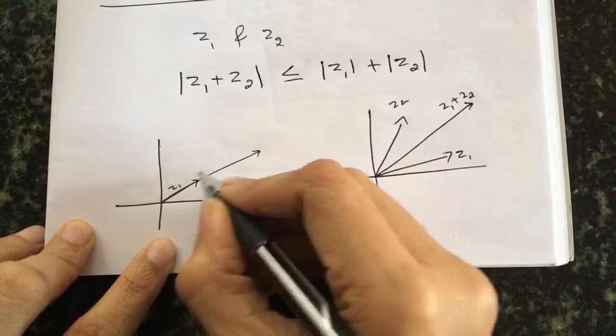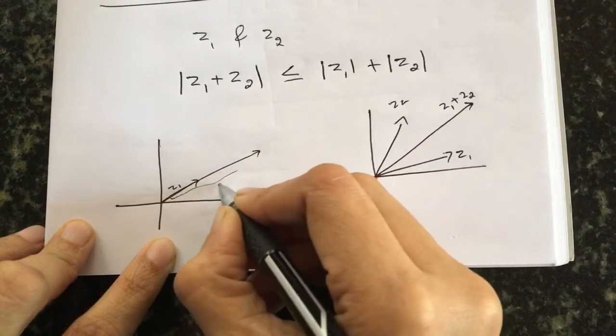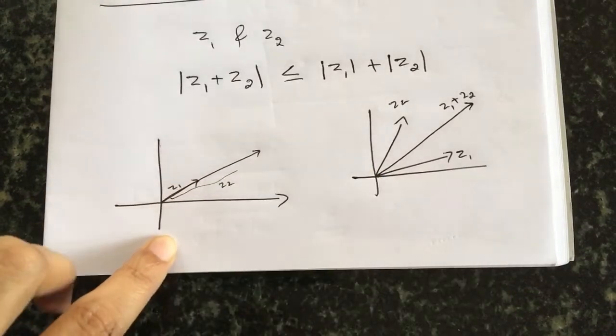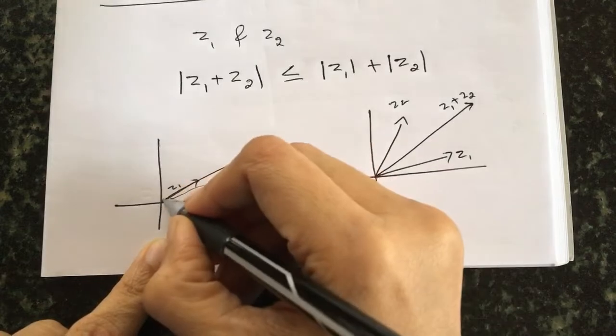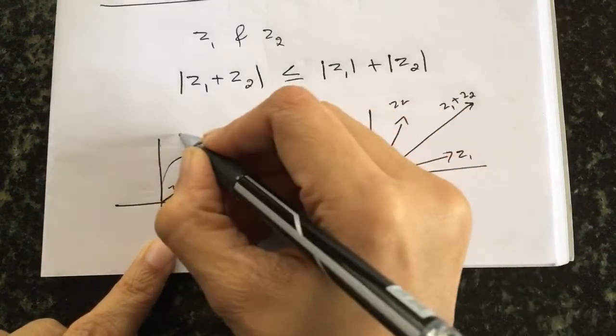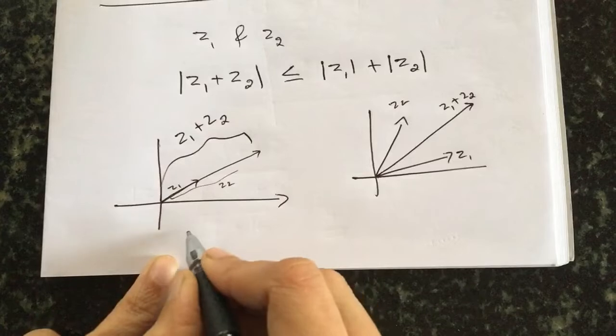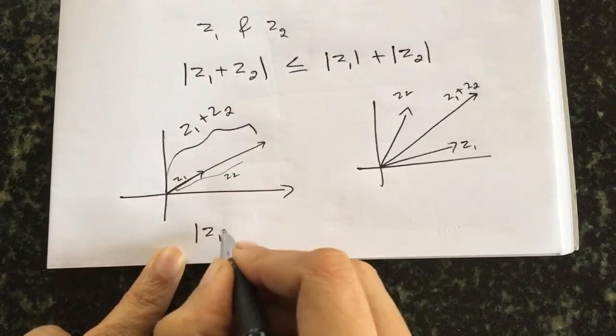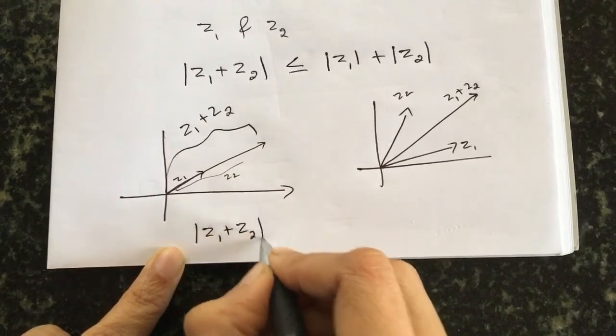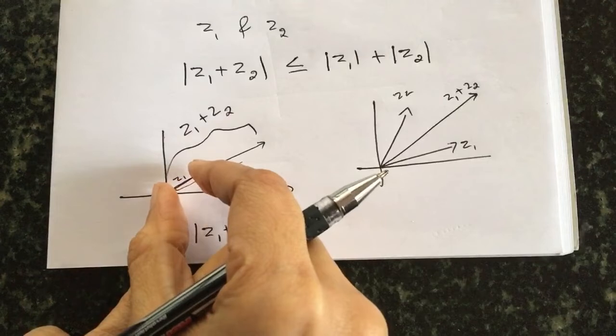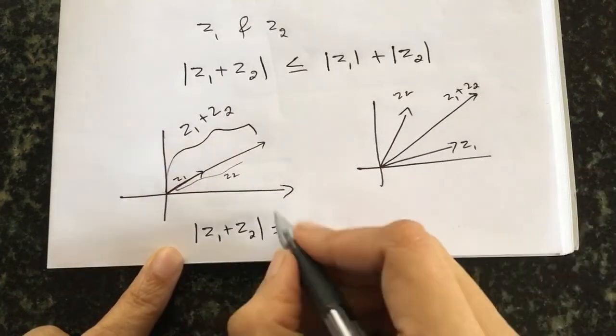This is z1 and this whole is z2. Now where is z1 plus z2? This whole itself is z1 plus z2, right? In this case, what happens? Mod of z1 plus z2 will be equal to mod z1 plus mod z2, right?